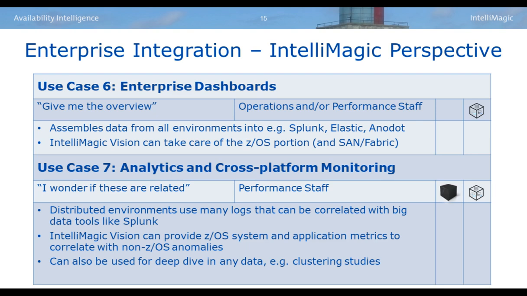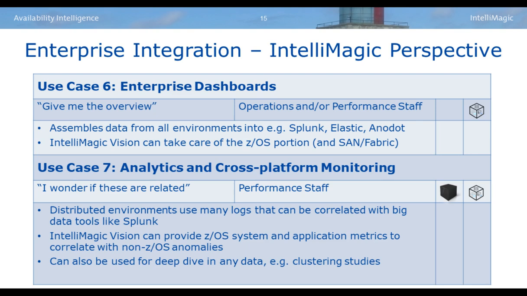And they would like to feed that dashboard with data from as many platforms as they would like to see. So this is the use case where the dashboarding software, which could be Splunk or Elastic or something like that, is not so much used to crunch all the data, but to present the data in a common view.